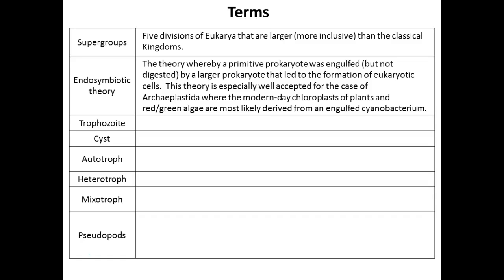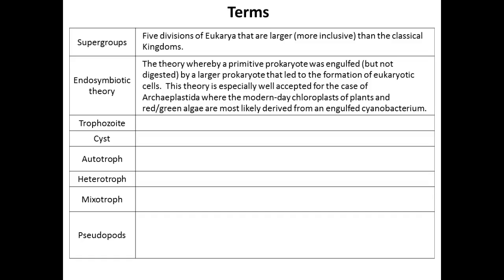And this led to the formation of what we now know as eukaryotic cells. There's lots of evidence that backs this up, especially with chloroplasts in plants, and this relationship with what we now know today as cyanobacteria. At one time they were known as red-green algae, but come to find out they're not in fact algae, they're not eukaryotic, they are in fact prokaryotic.